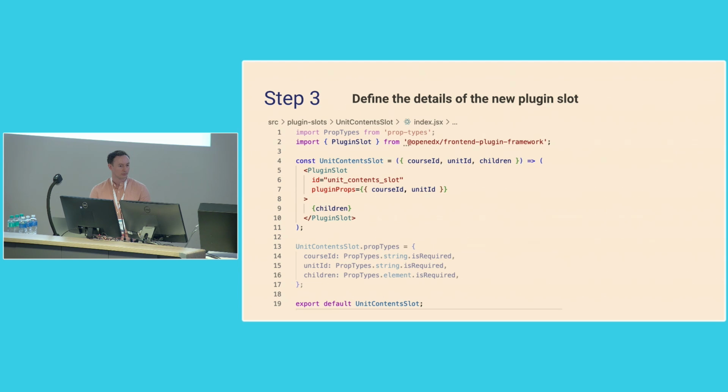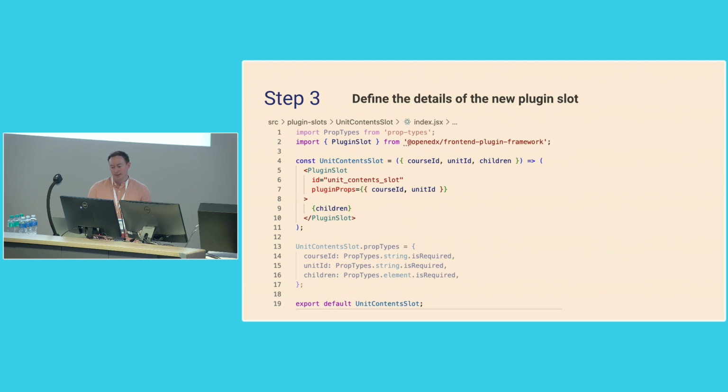So as a developer of a slot, you need to think really hard about which properties you want to make available to plugins. It doesn't mean they'll have to use them, but that they can use them. It also means that you're supporting that API, not forever, but for hopefully a sufficient amount of time that doesn't make it difficult for people to upgrade from one release to the other, in most cases, right? It's not a promise that this won't change, but it's the intention to make upgrading easier for people. Right?